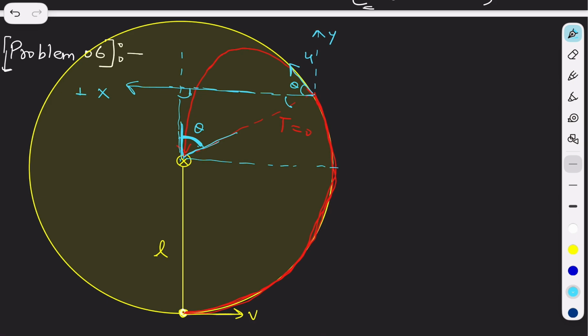If I want to write down the coordinate of the point where the particle is going to hit the suspension, this length is L only. If this length is L and this angle is theta, this will be L sin theta, and this will be minus L cos theta. So this position O will be L sin theta comma minus L cos theta.